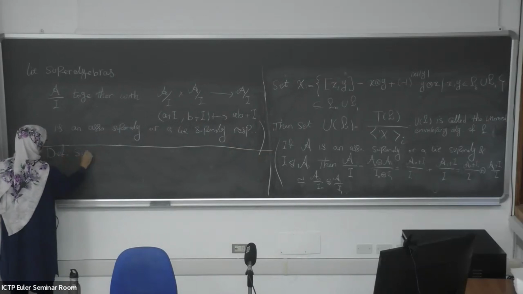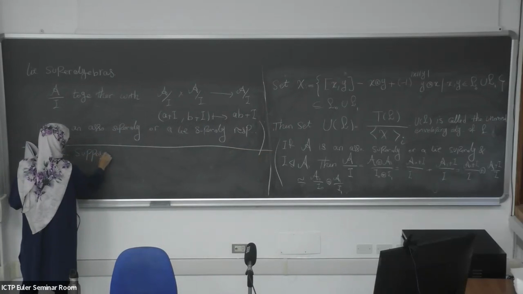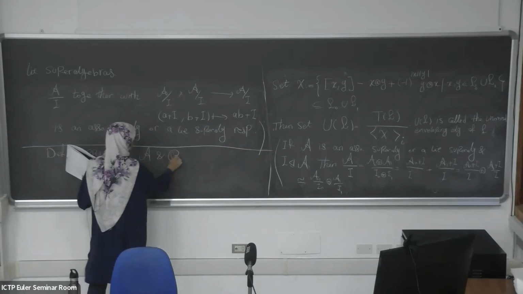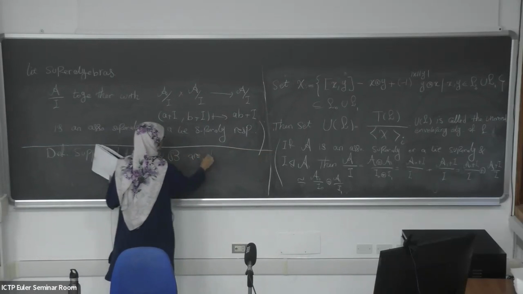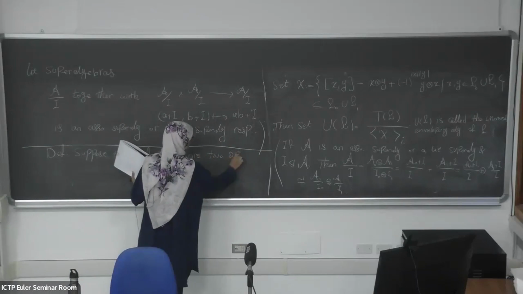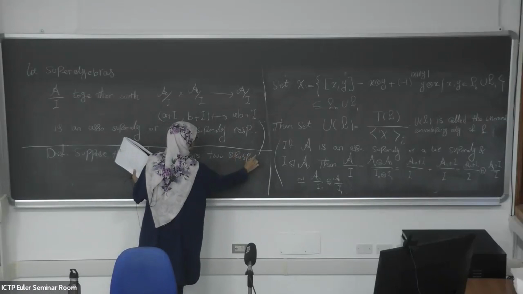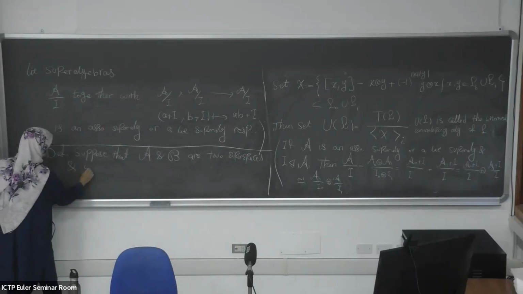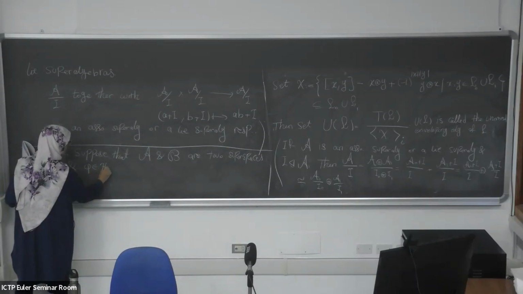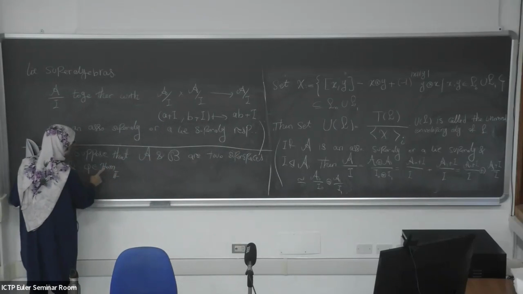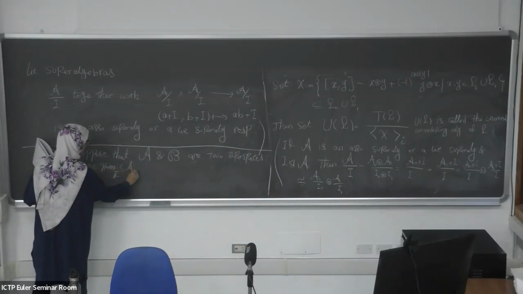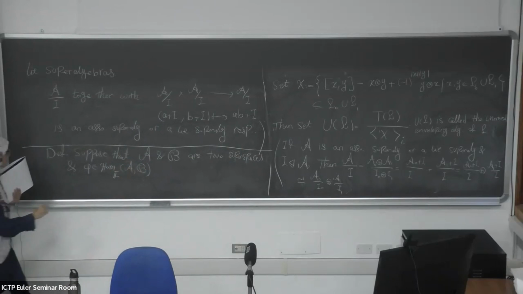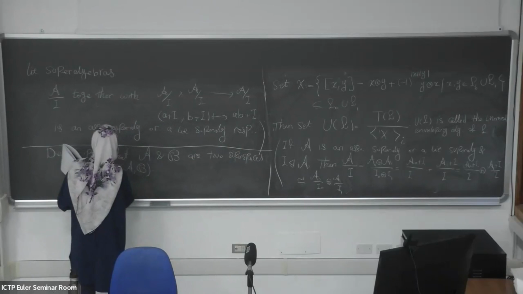Suppose that A and B are two superspaces, and phi is a linear homomorphism of A to B. Okay? Please be careful.